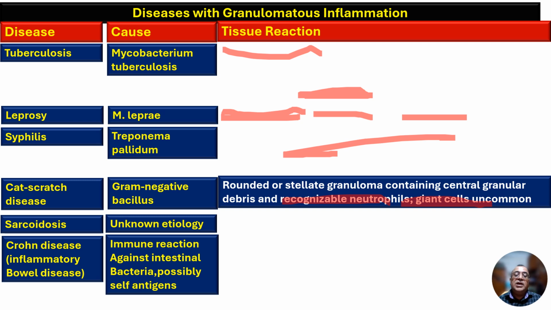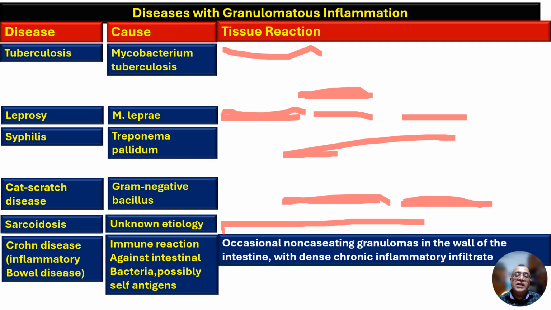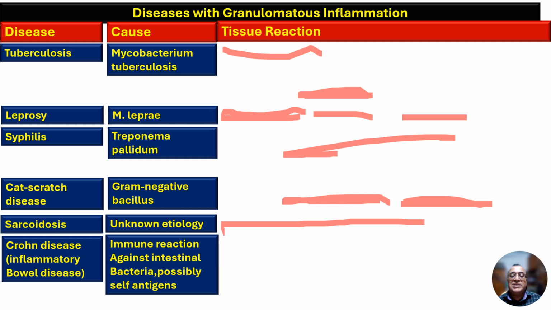Sarcoidosis, an autoimmune disease, has non-caseating granuloma with abundant activated macrophages, and granuloma is also a feature of Crohn's disease, a member of inflammatory bowel disease, produced by an immune reaction against intestinal bacteria, possibly by a self-antigen. There are non-caseating granulomas in the wall of the intestine with dense chronic inflammatory infiltrate.